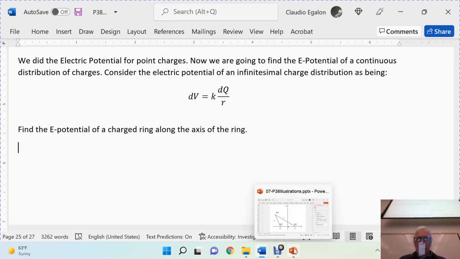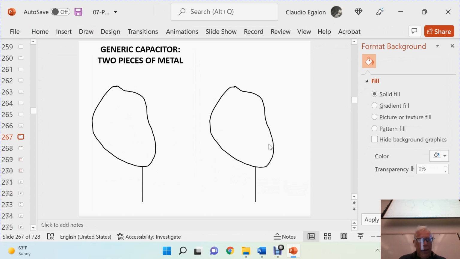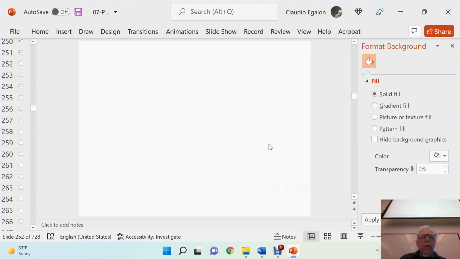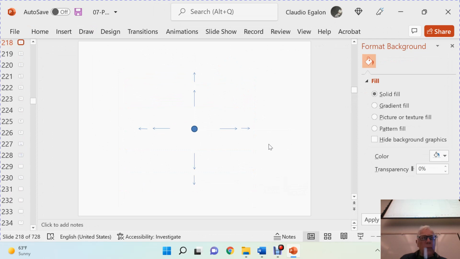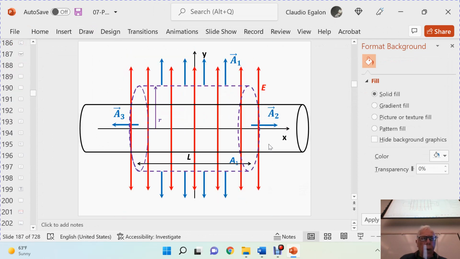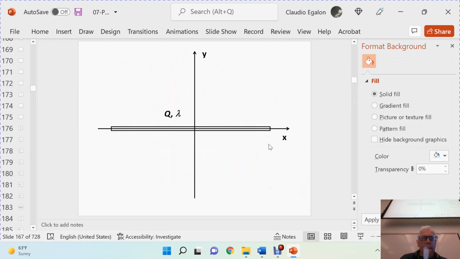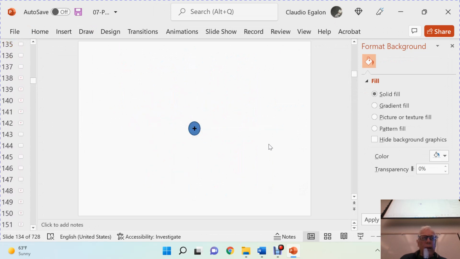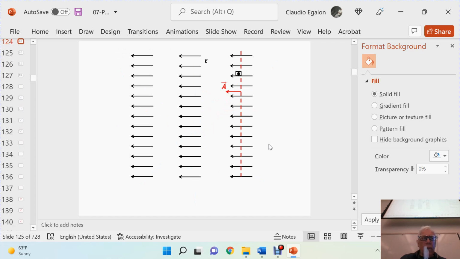I don't have it, unfortunately, but I will have to copy from the previous one. The drawings are the same, but we are calculating a different distribution.